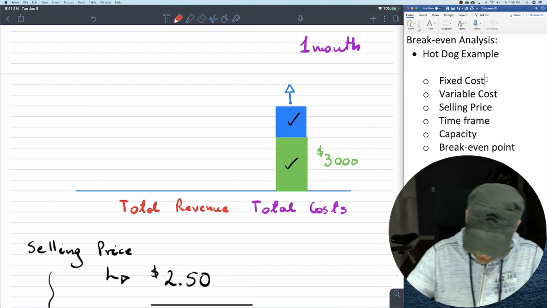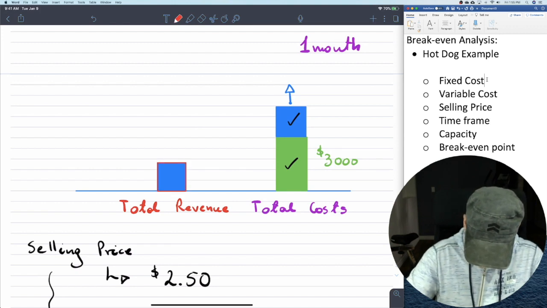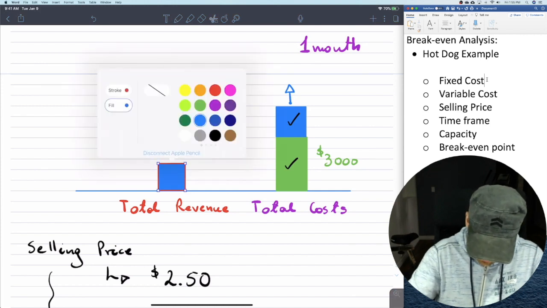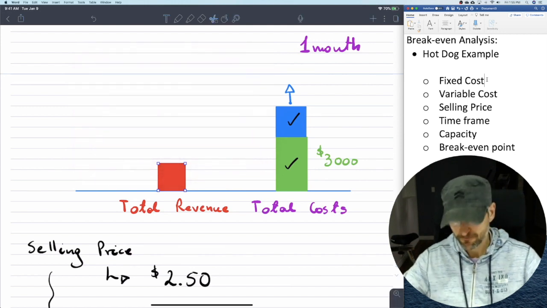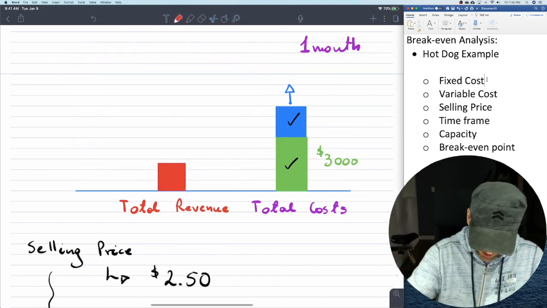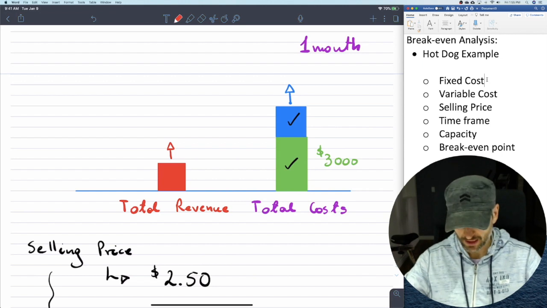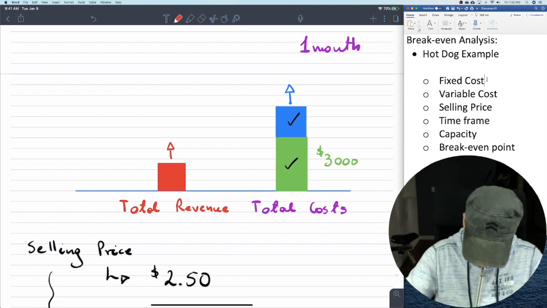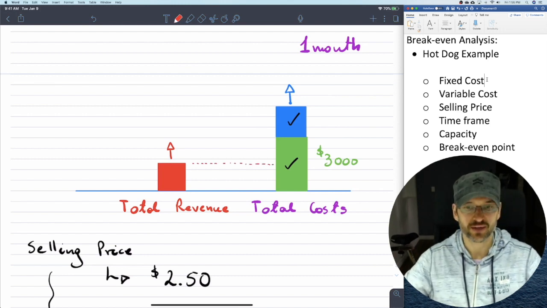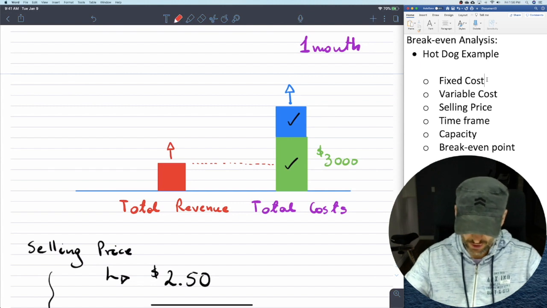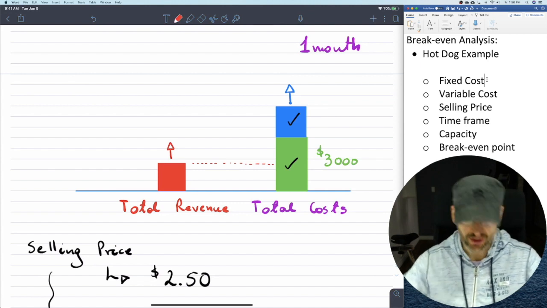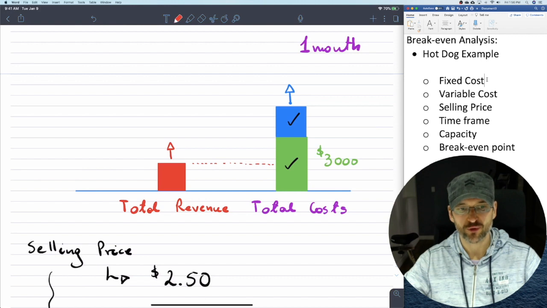As I keep going, my total revenue is going to start to increase, going up. Now, if you compare the two, however many units I've sold so far, you notice that my costs are actually outdoing my total revenue.